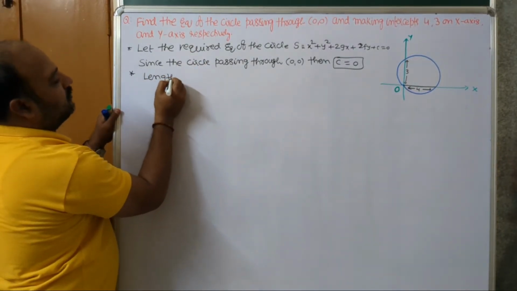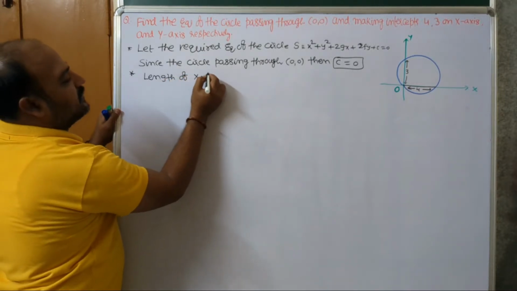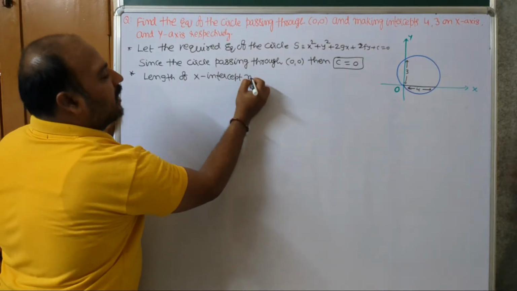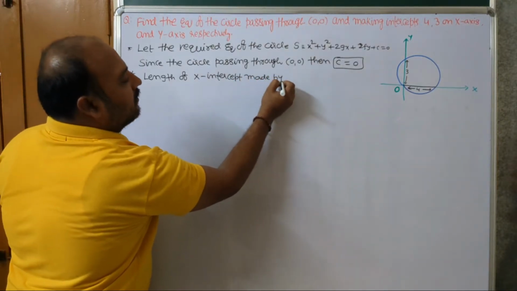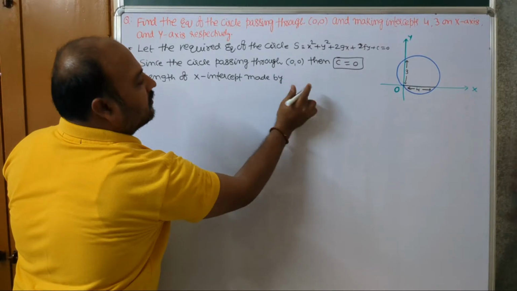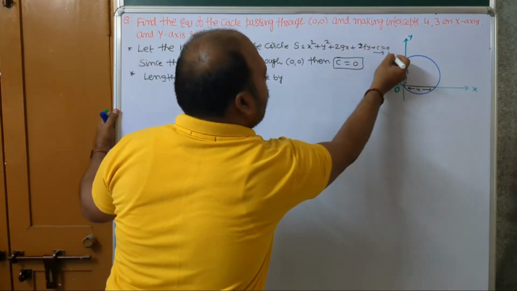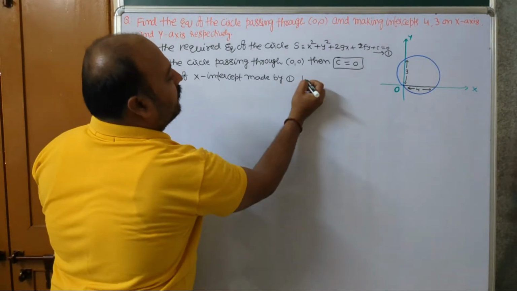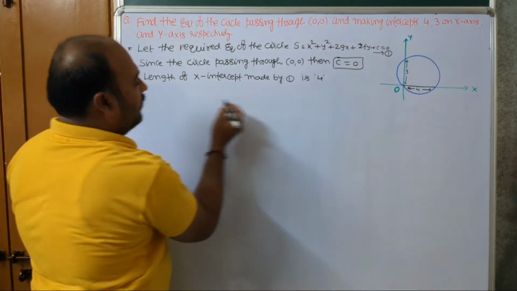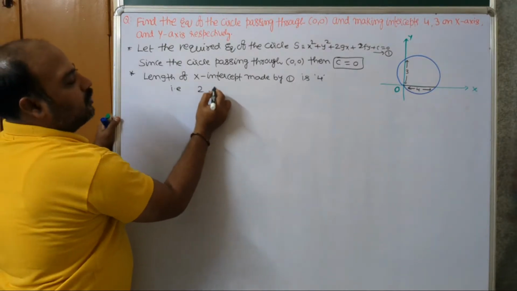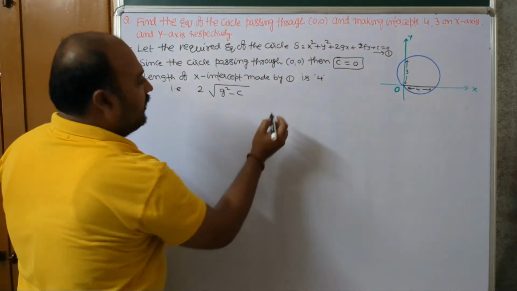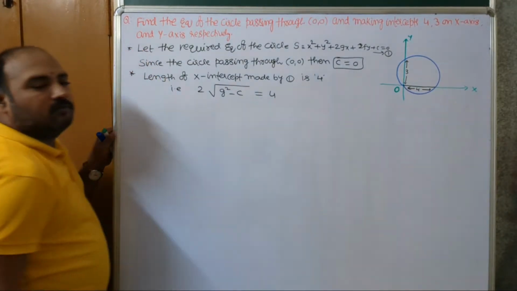Length of x-intercept made by equation 1 is 4. That is 2 root of g square minus c is equal to 4.